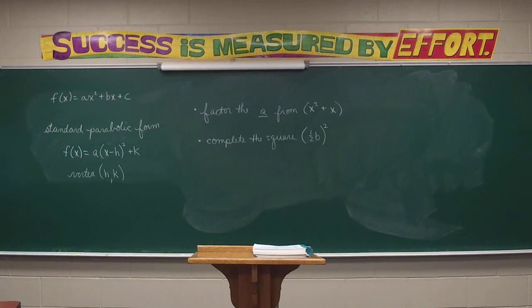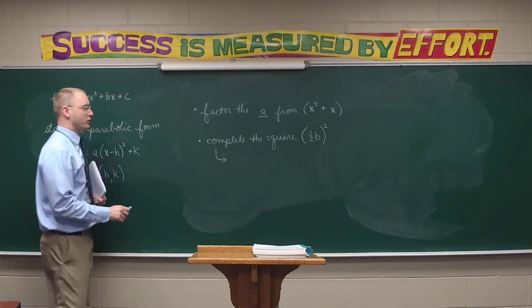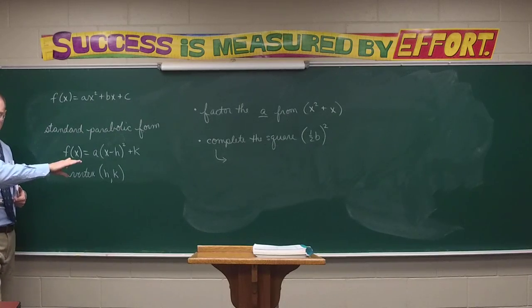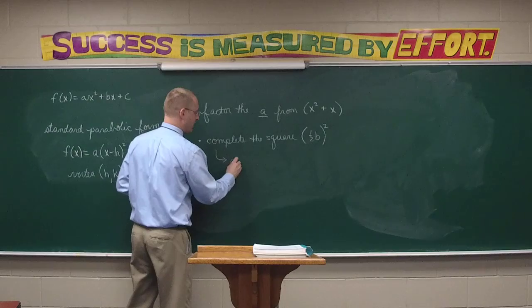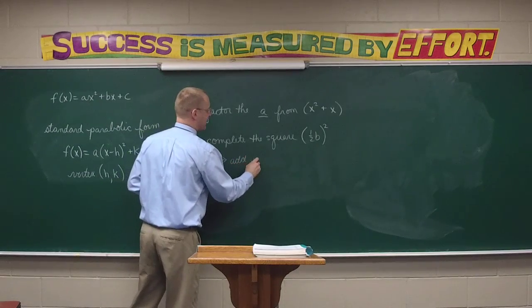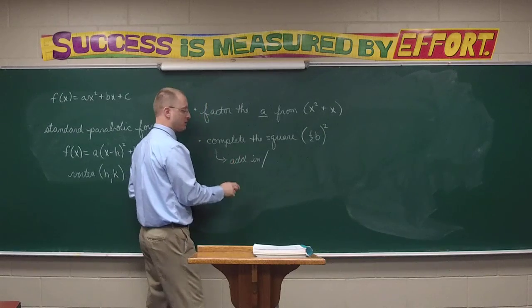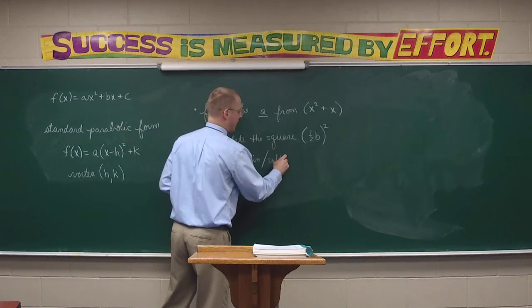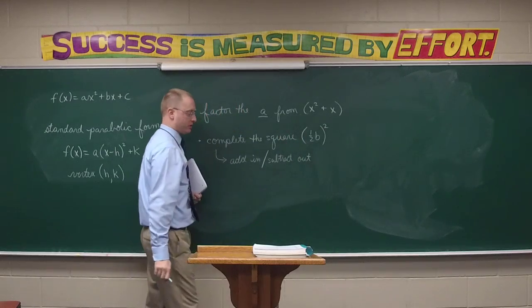And you'll remember that from solving quadratic equations by completing the square. Now, a couple of things. Remember, when you complete the square, you're putting a number where a number didn't used to exist, right? So we're going to have to add a number in the parentheses. I'm going to show you what all this means in a minute, and that means we're also going to have to subtract the number out of the parentheses.